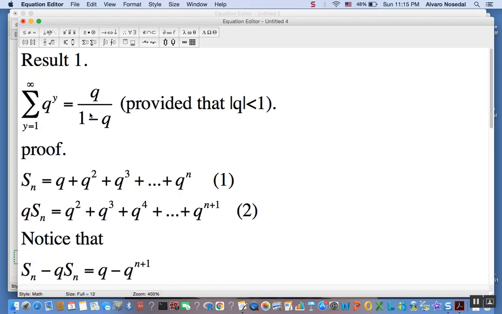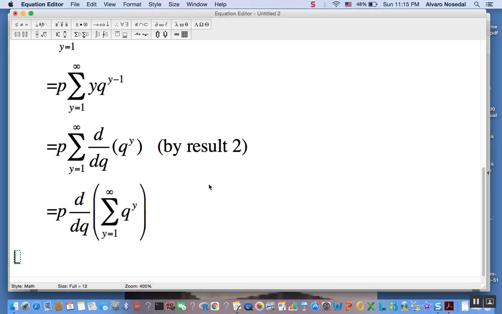We know that that series converges to q divided by 1 minus q if q is in absolute value less than 1, but q happens to be 1 minus p, and we know that probabilities live between 0 and 1, so q in this particular case lives between 0 and 1, so its absolute value is less than 1, so the conditions of that result hold, so we get to plug in what we know from the first result, that that series converges to q divided by 1 minus q.